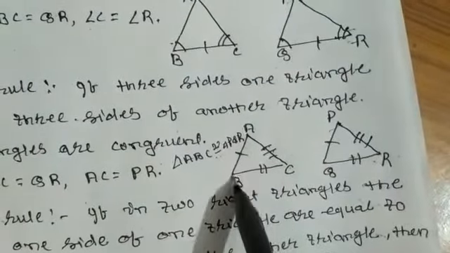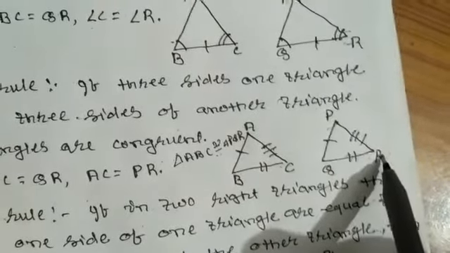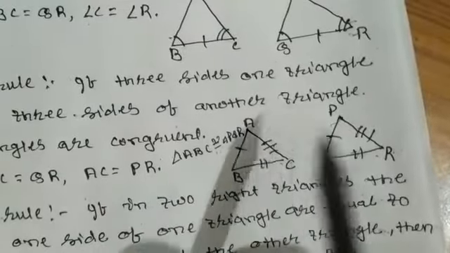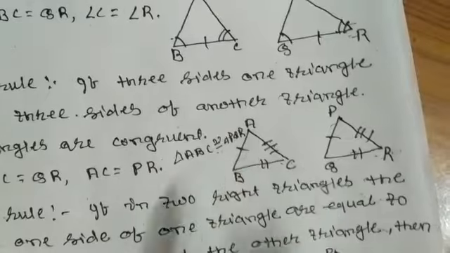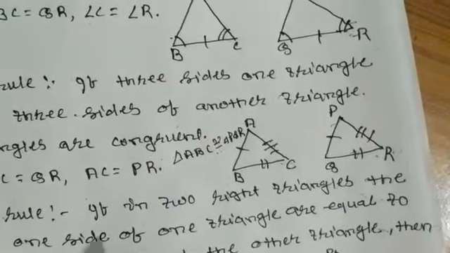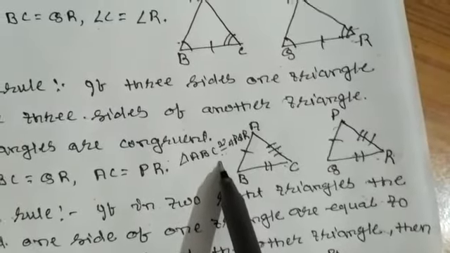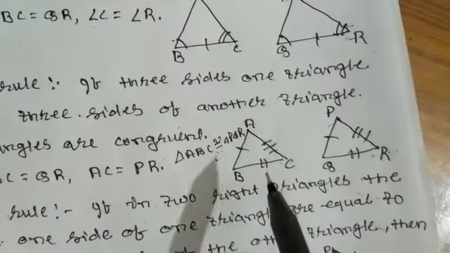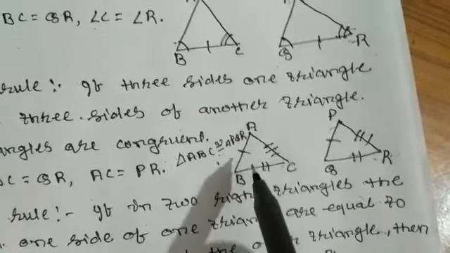But if we write triangle ABC congruent to triangle QPR, then it will be wrong. You must write the corresponding vertices, sides, or angles. If they are not in correspondence when written in symbolic form, it will be wrong. So you must take care while writing the congruence of triangles in symbolic form.